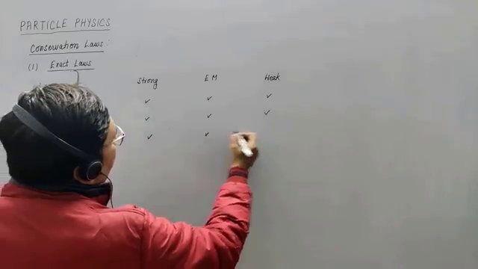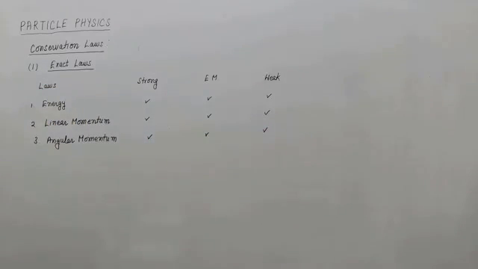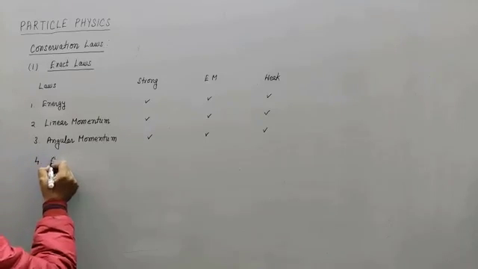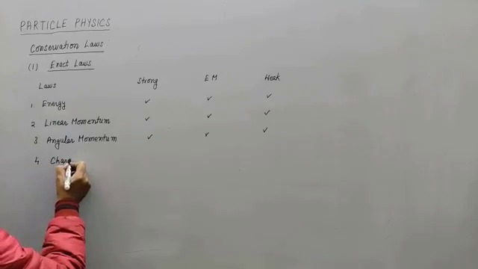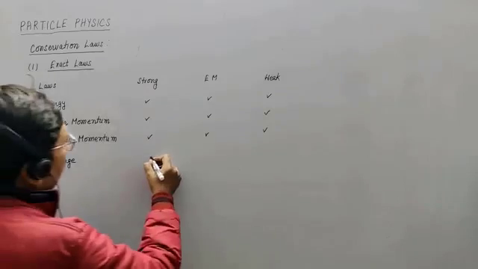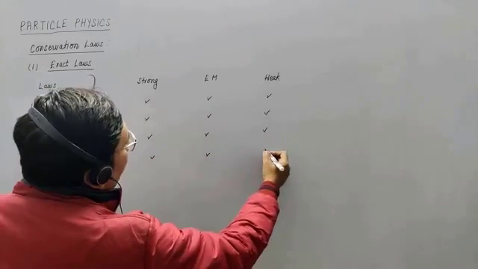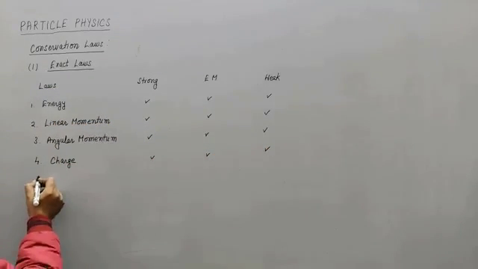This is followed in all 3 cases. So first is energy, second is linear momentum, third is angular momentum, fourth is charge. Charge is also followed in all three interactions.